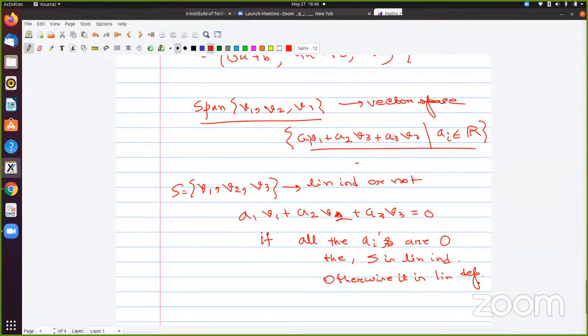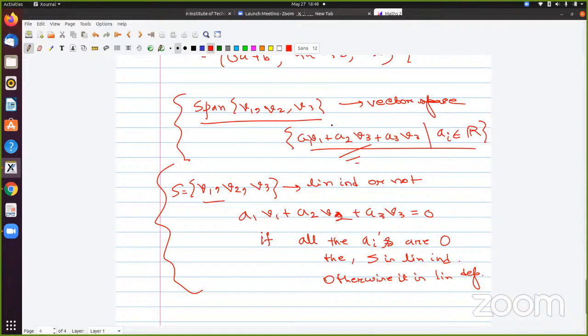Otherwise, it is linearly dependent. So as a phenomenon, these two are quite different. This is a vector space and this is some equation. Basically, we are trying to find the relation between these three vectors, and the span means I am taking all the linear combinations of those vectors.